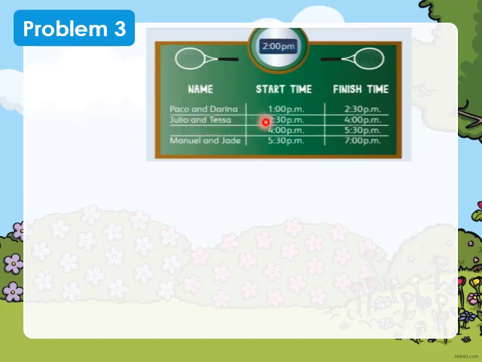They start playing tennis at 2:30 and finish at 4 o'clock. Here we don't have any name, but if there were a name, they would start at 4 o'clock and finish at 5:30. The last one, Manuel and Jade. They start playing tennis at 5:30 and finish at 7 o'clock.